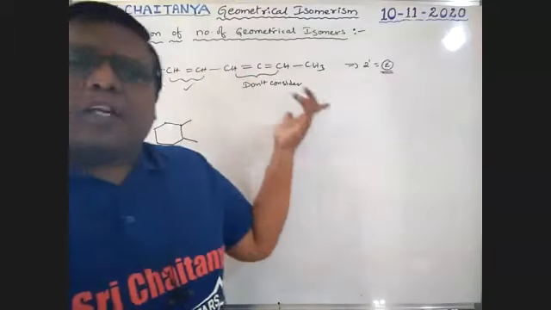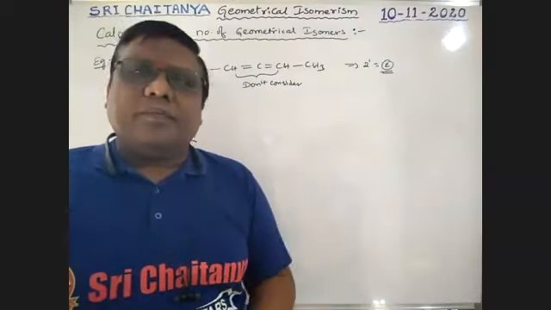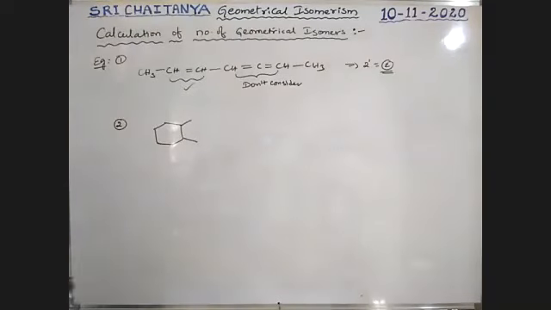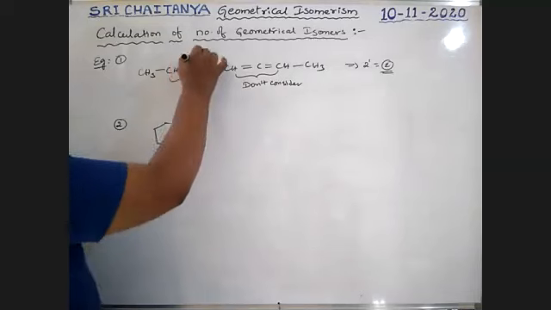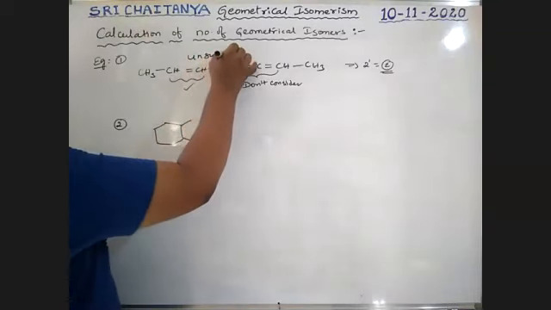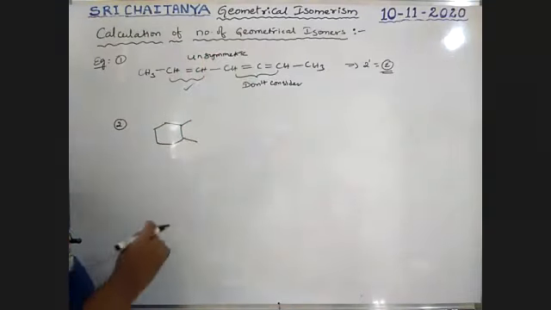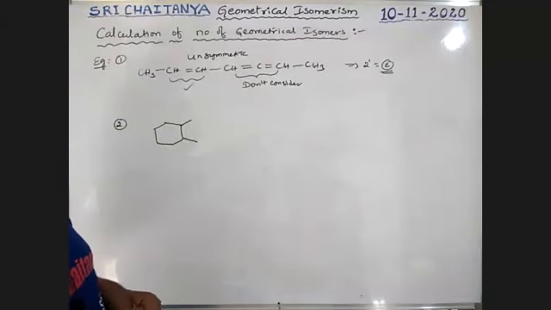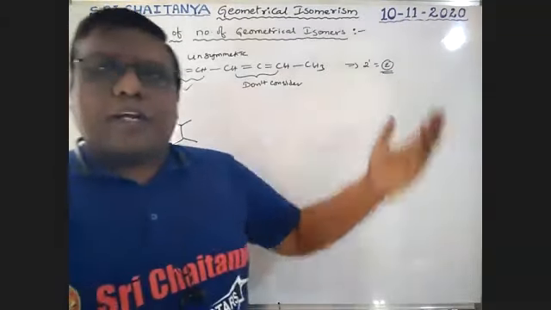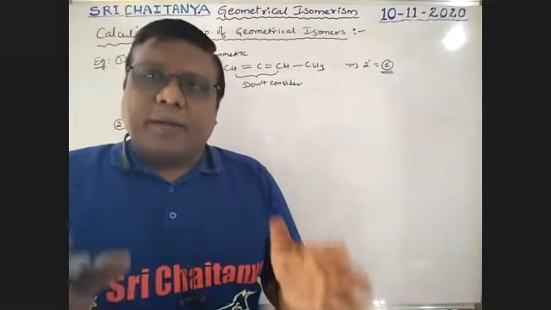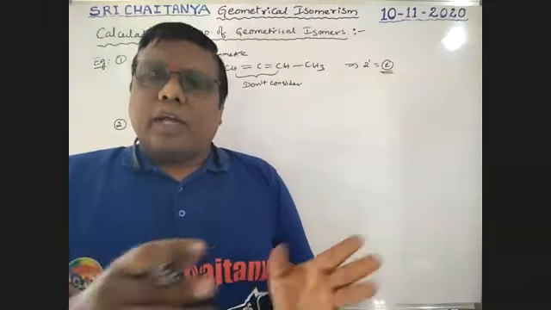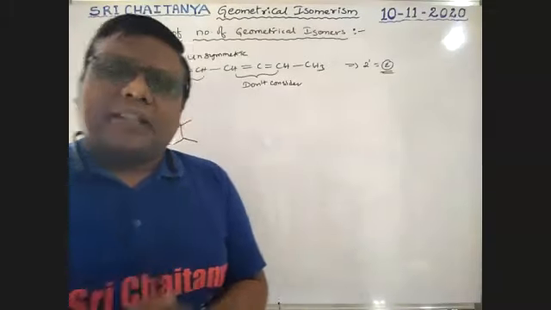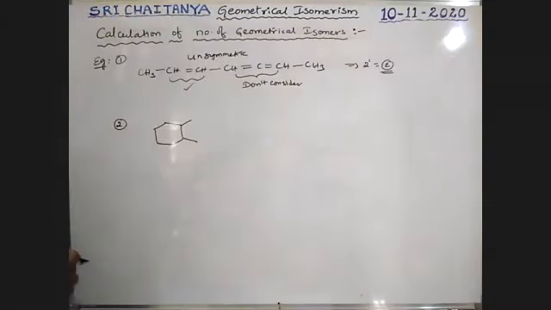So whenever it is unsymmetric, 2 power n is the answer. If it is symmetric, then it is 2 power n plus 2 power n by 2, and so on.